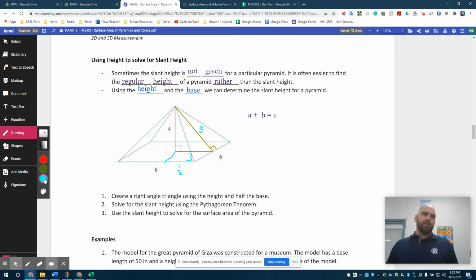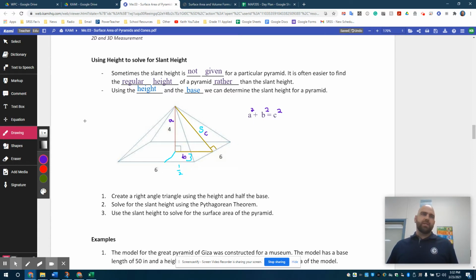My program is glitching out on me, so I'm just going to quickly draw in my squareds. Again, the joys of technology. We'll call this our A, this our B, and this our C or S.